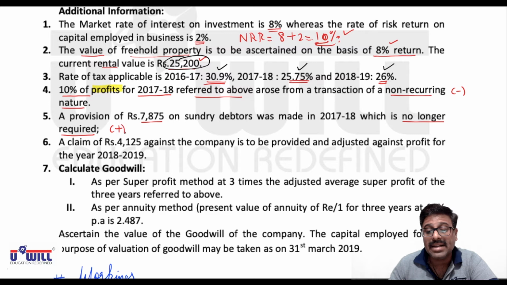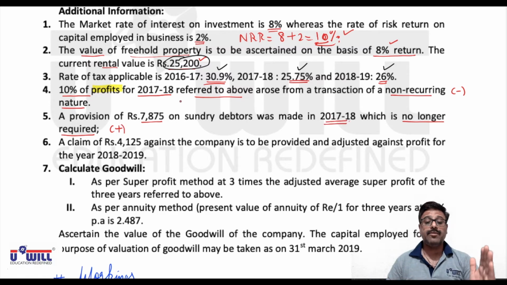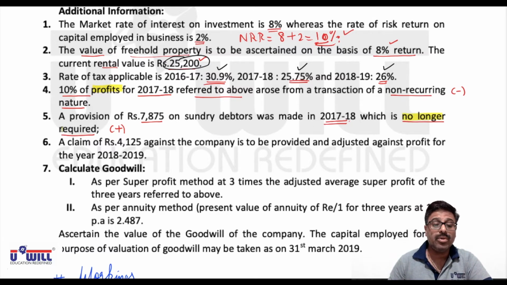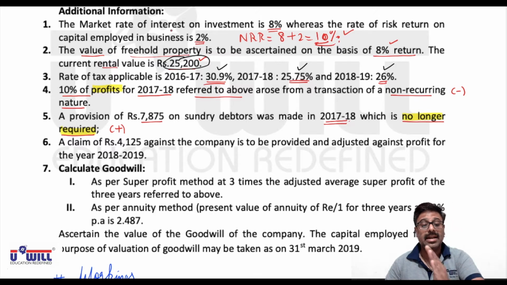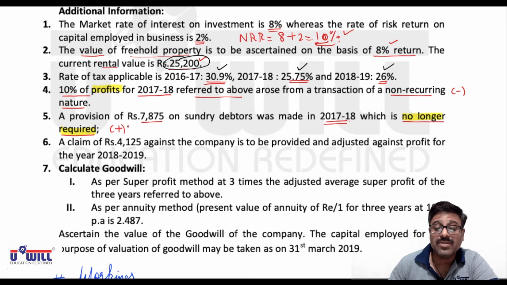So we will add it to the profits of 17-18. I repeat, the provision for doubtful debts comes in P&L on the debit side, and since it is no longer required, we remove it, so profit increases.